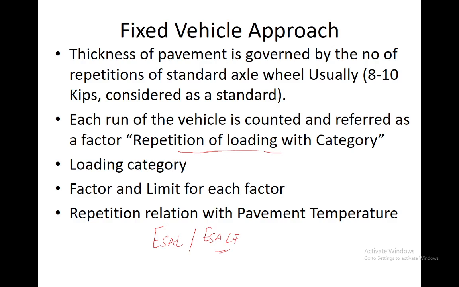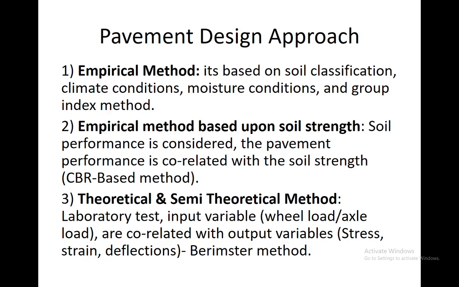Finally, the total standard axle is obtained by the summation of the standard axles of all vehicles which are passing through that specific pavement during the design period, and the total standard axle will be the single parameter for the design factor as well. As you can see here, we have a factor and limit for each factor. We also consider the repetition relation with the pavement temperature.